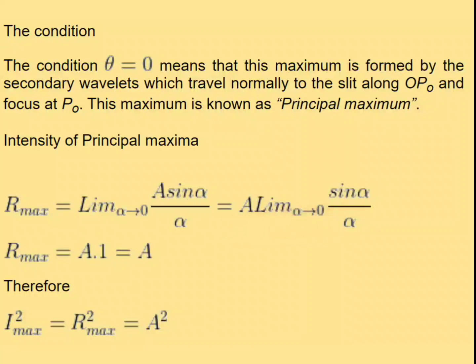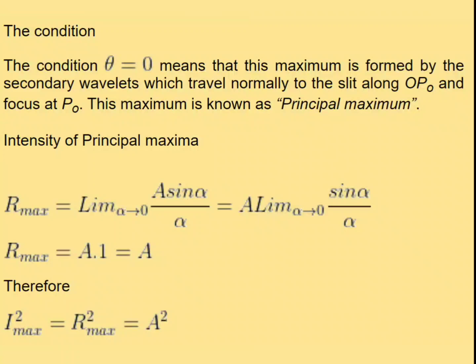So A into 1, A. So the maximum intensity I is equal to the square of the amplitude. Here we find only amplitude. Now intensity is the square of the amplitude, so A square.